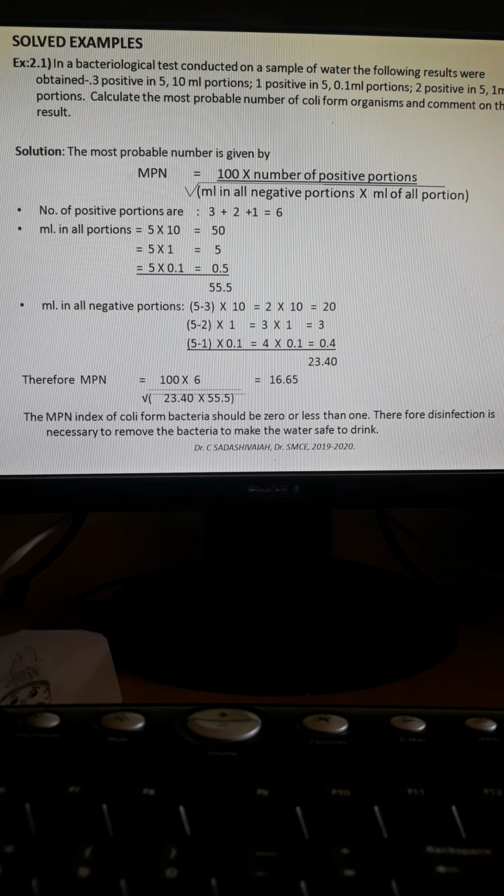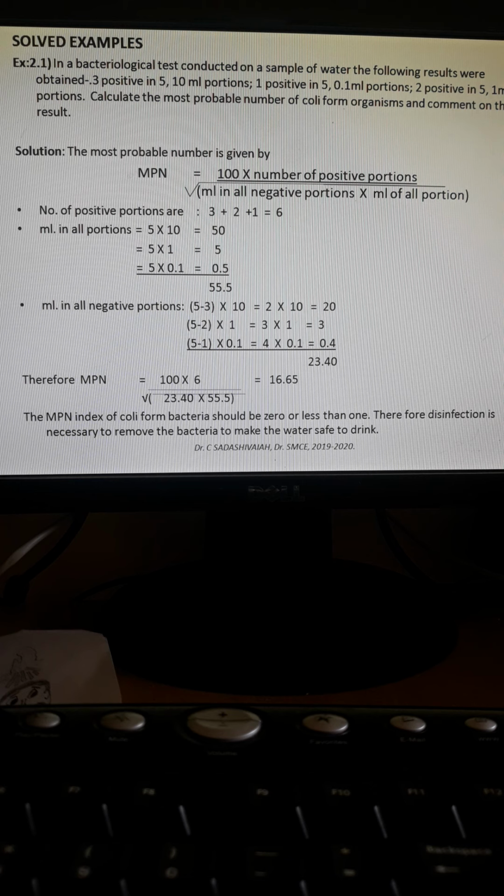Now the last term in the denominator is the ml of all portions. We have 10 ml portions, 1 ml portions and 0.1 ml portions. The total quantity of the sample taken will be 5 tubes, 5 into 10, that is 50 ml; 5 into 1 ml for the second set, that is 5 ml; and in the third set we have dispensed only 0.1 ml, therefore 5 into 0.1, that is 0.5 ml.